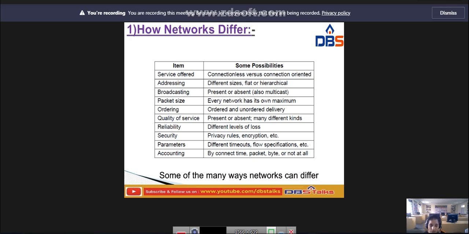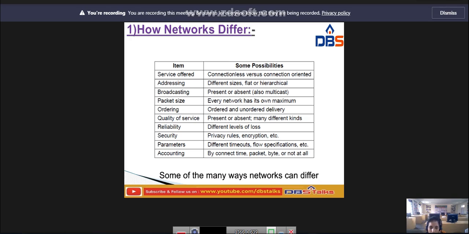Quality of service: whatever communication is occurring should be of good quality, without errors, problems or collisions. Reliability: reliable communication should be present or absent, with different levels of losses.